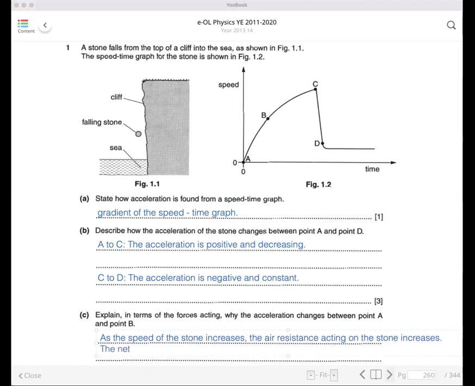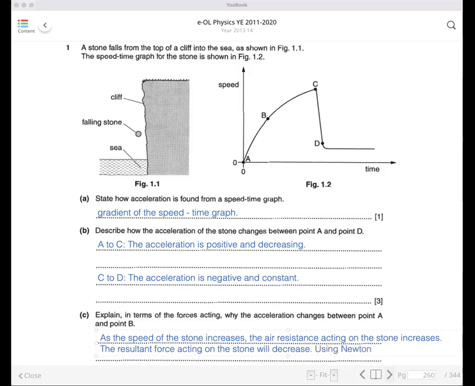So the resultant force acting on the stone will decrease.